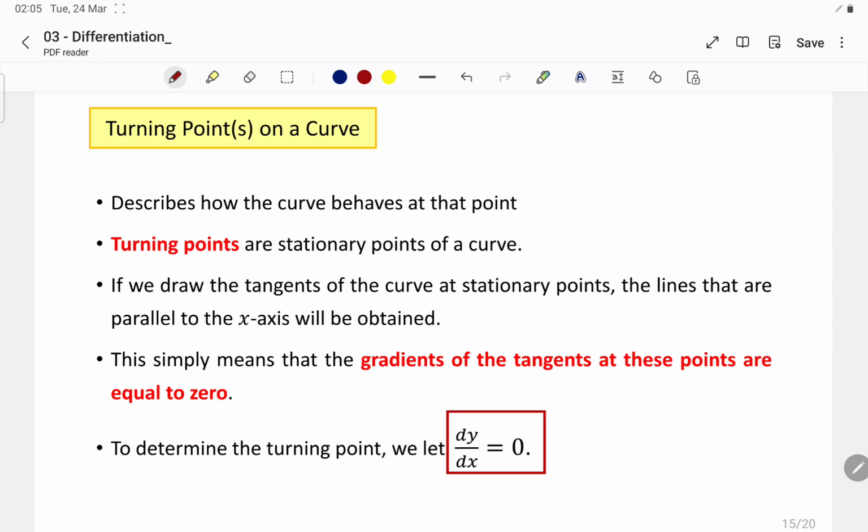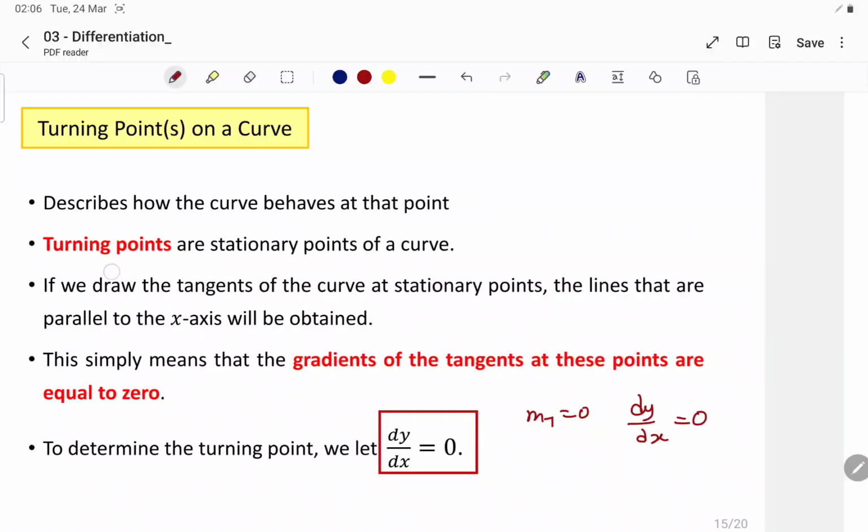So easy for you to remember: mt equal to 0 or dy/dx is equal to 0. That is the gradient of the line at this turning point. So when they mention turning point, you just remember dy/dx is equal to 0.